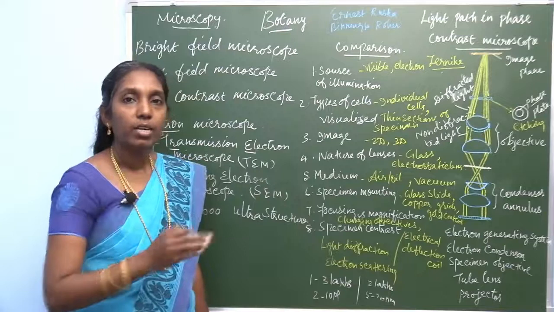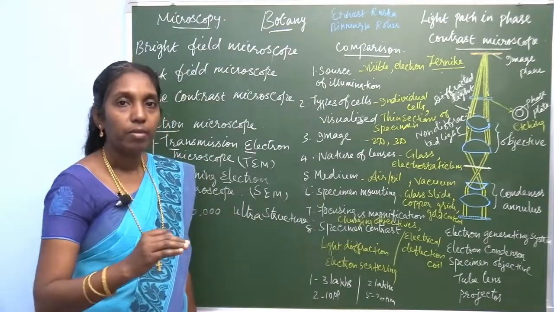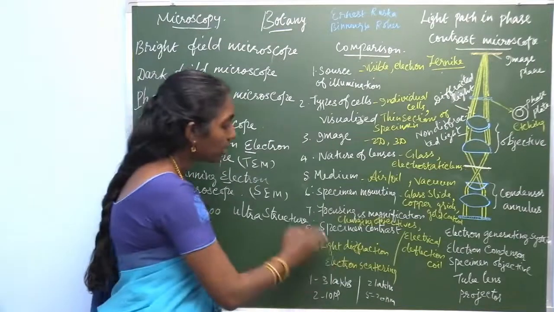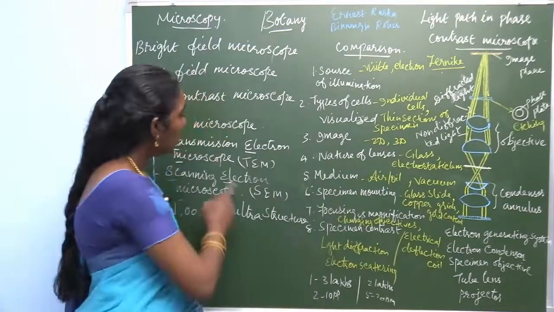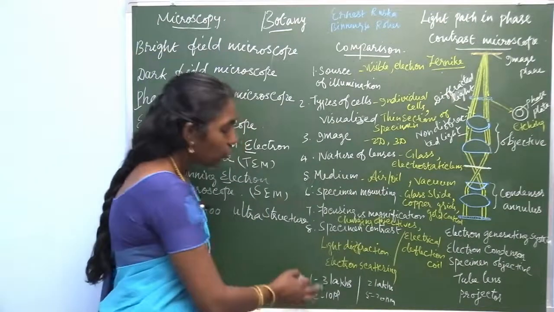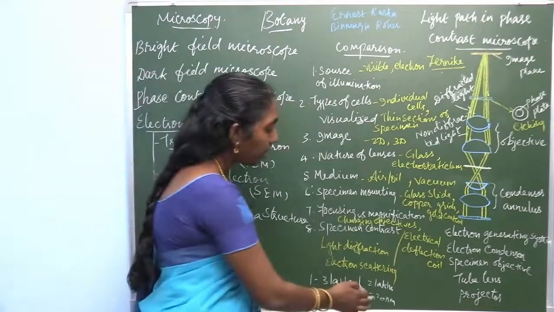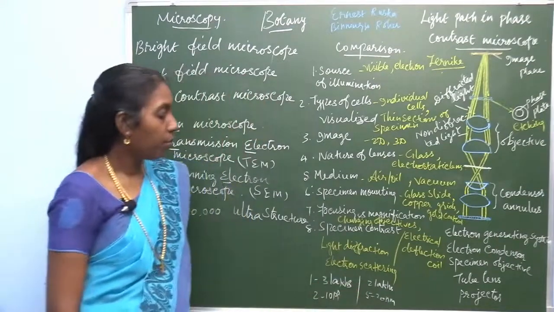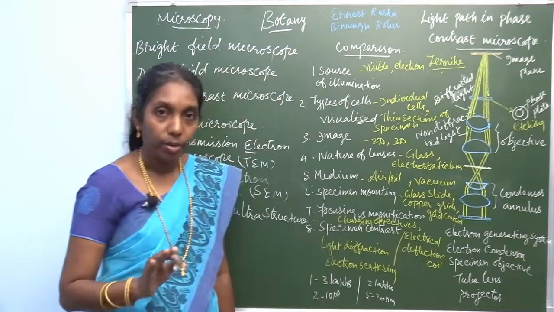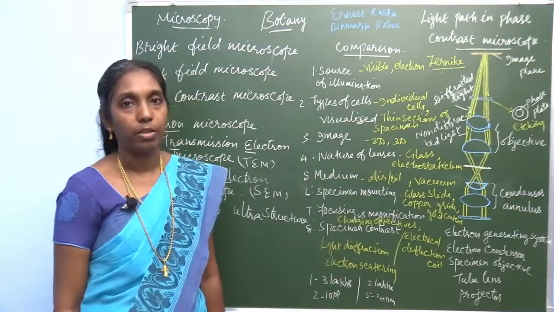The resolving power is 2 to 10 Angstrom units in the transmission electron microscope, and 5 to 20 nanometers in the scanning electron microscope.